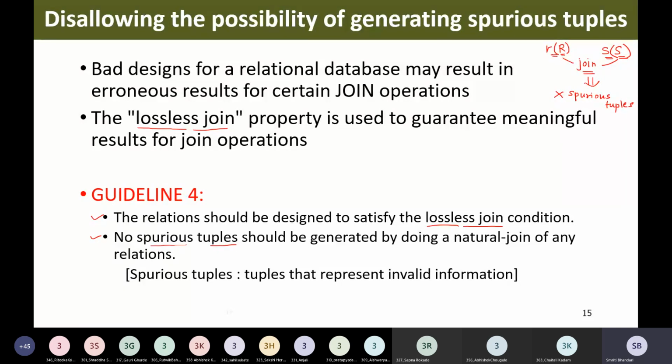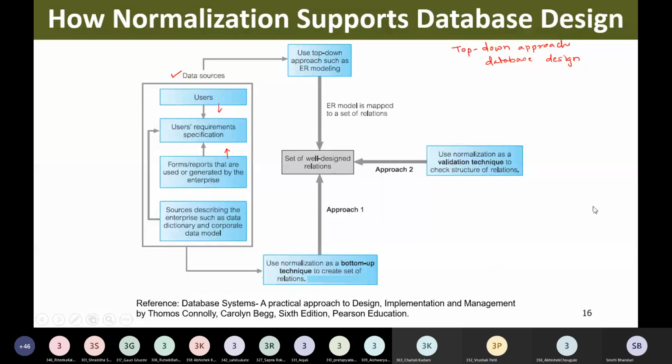So these are 4 important informal guidelines. The formal process of normalization we are going to discuss later. But these are a few informal guidelines that we need to understand while designing our database.